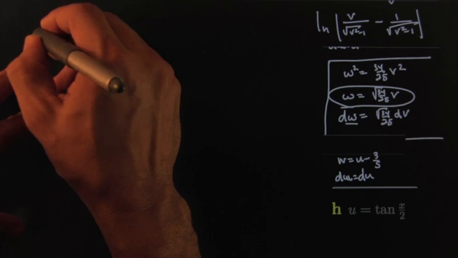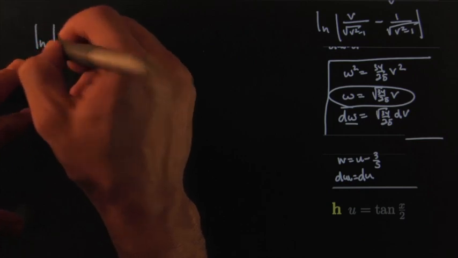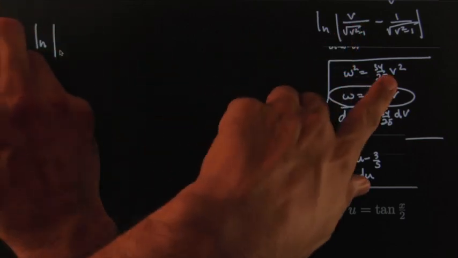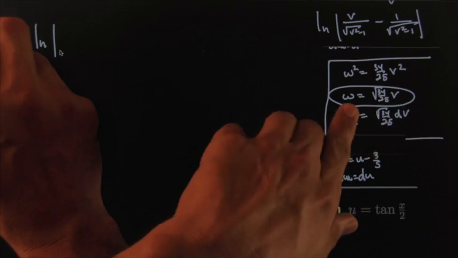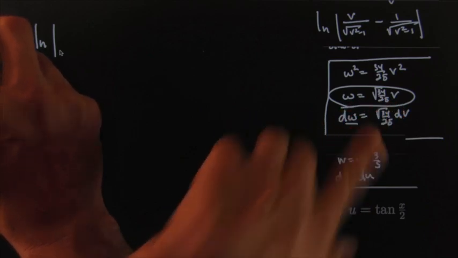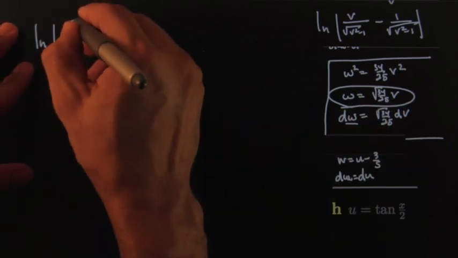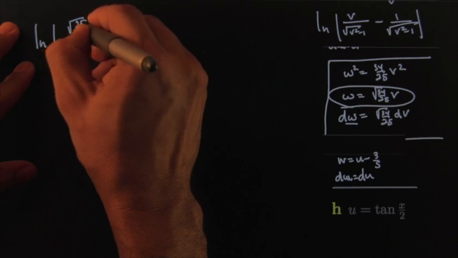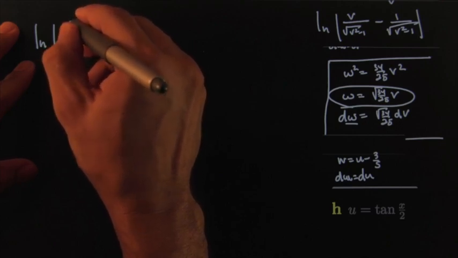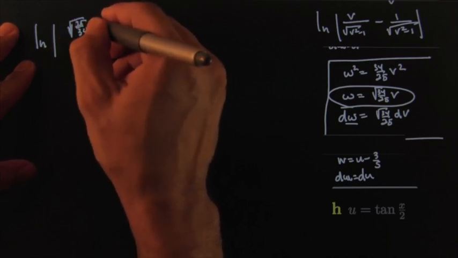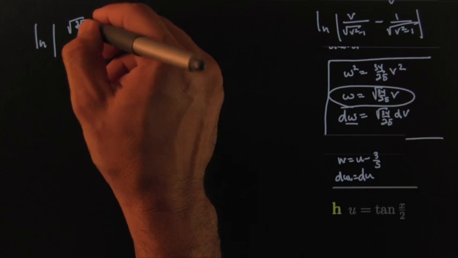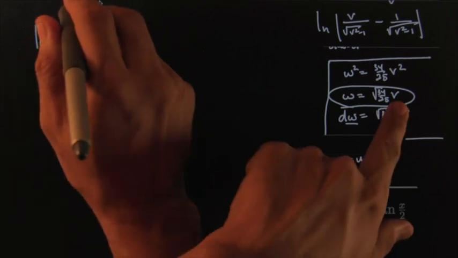So it will be ln of v. Instead of v, I have the square root of 25 over 34 times w. That's what v is equal to.